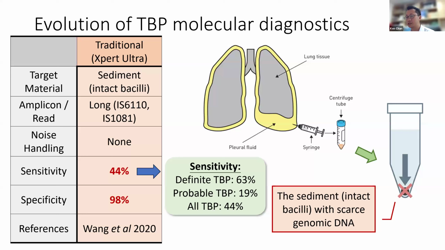With the high specificity, if there is a positive test, you can say that's positive TBP. But for a negative case, because of the low sensitivity, a negative result could not tell you whether it's truly negative or false negative. So the problem of low sensitivity is believed to be that the amount of genomic DNA of TB is low in the sediment.